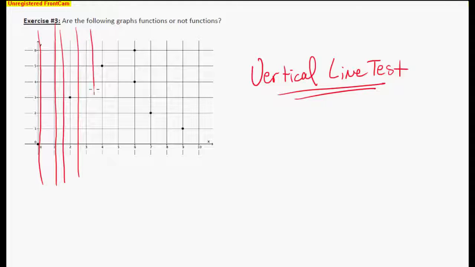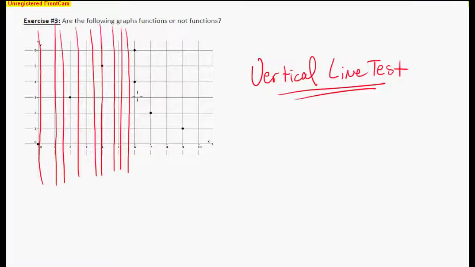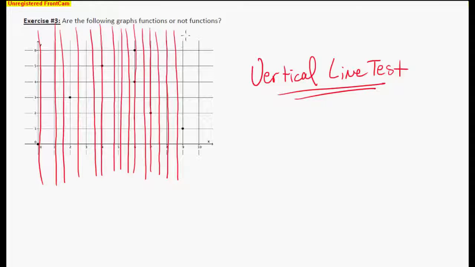And what I want to test for is, does any of these vertical lines go through more than one point on my graph? Because that really is a graphical way of thinking, do any of my inputs yield more than one output, like we did a few sections ago.